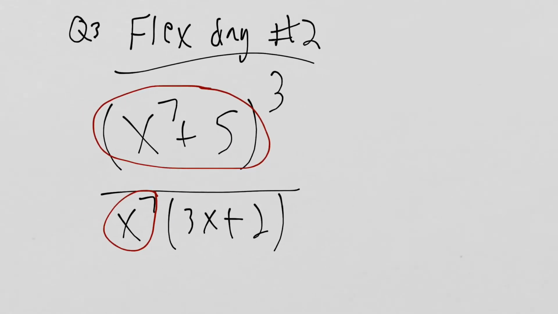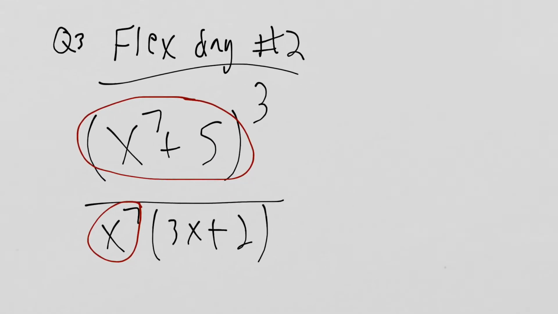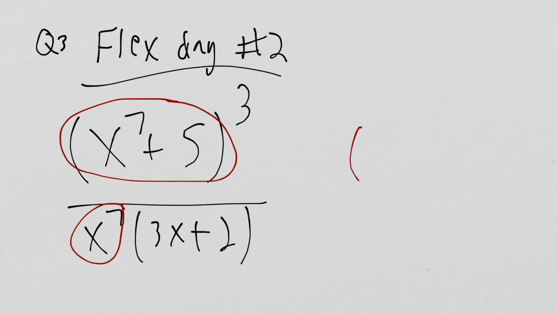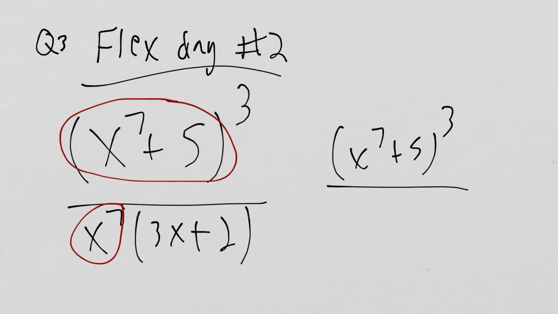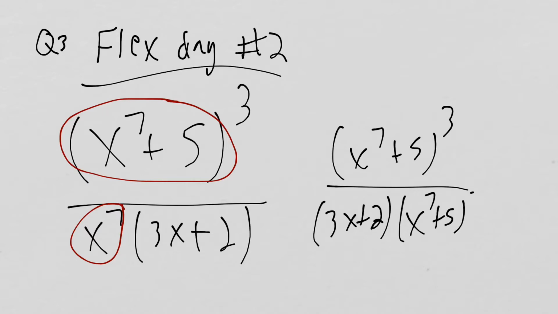So what we would need for some cancellation would need to be something like (x to the 7th plus 5) cubed over maybe 3x plus 2 times (x to the 7th plus 5) squared. Okay, now we have 2 of these in the denominator and 3 of these in the numerator, so we can cancel these 2, and we can cancel 2 of them up here, which will leave us with 1.